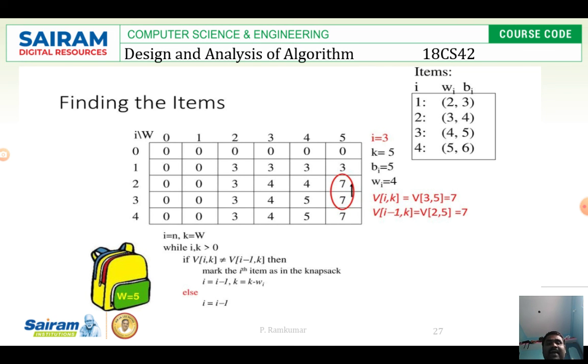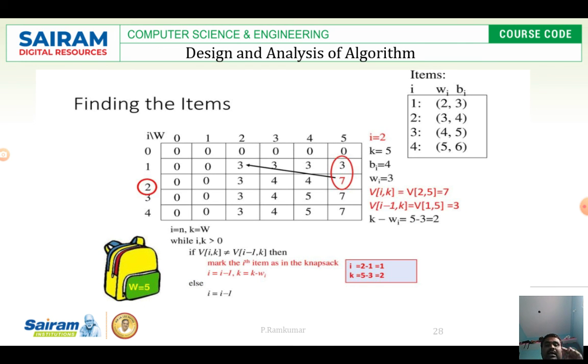Then next what will happen? Third object also I cannot take because number 7 is appearing in the second item. So I will choose second. Next what can I do? I will compare 7 with the previous value 3. I am going to check whether 3 is present in the previous row or not.